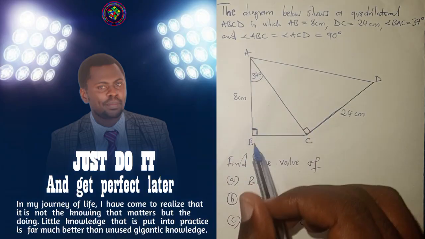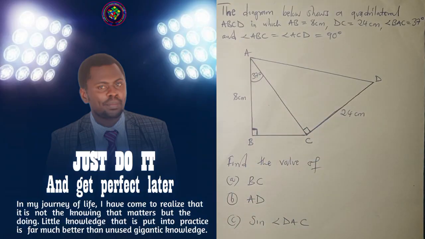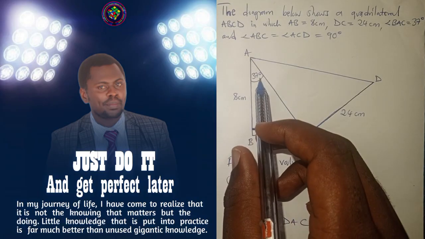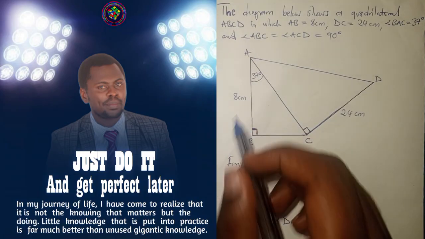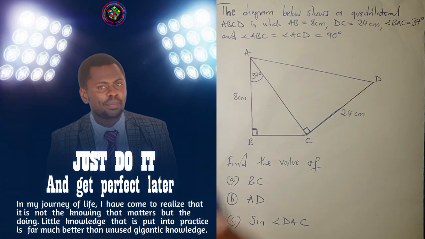And we have this side AB, which, according to the angle, will be adjacent. So we have an adjacent side and an opposite side. When you have opposite and adjacent, which trig ratio should we use in order to calculate BC? Yes, when we have opposite and adjacent, we can use tan.